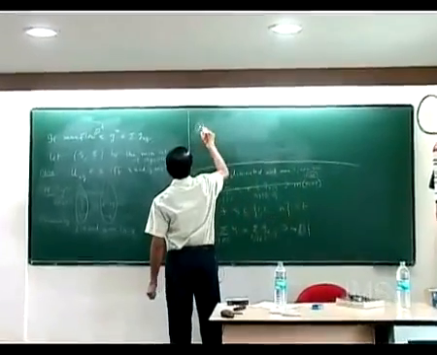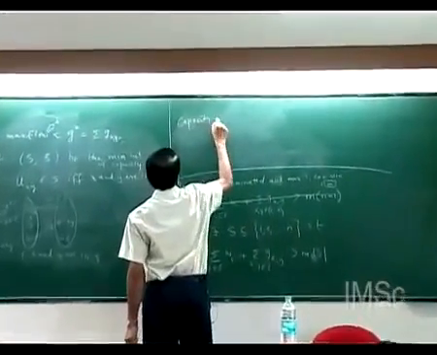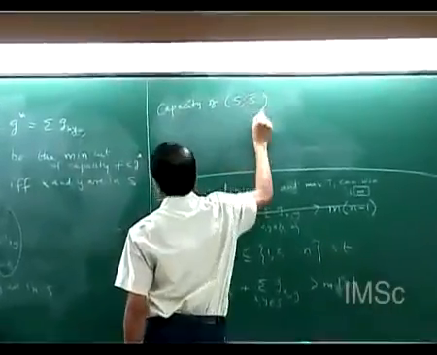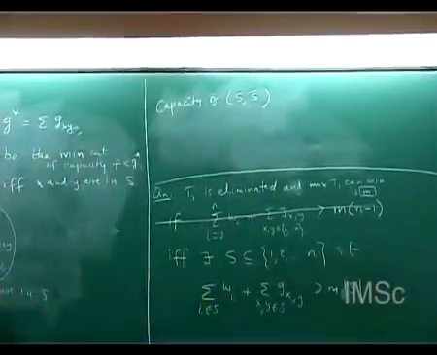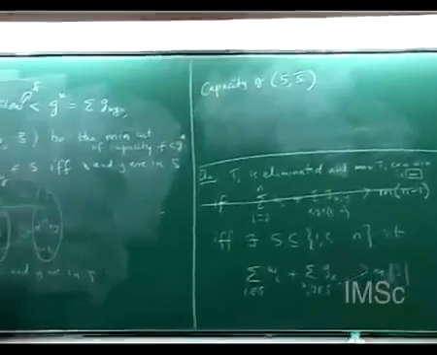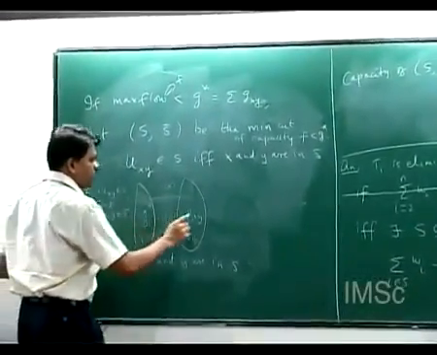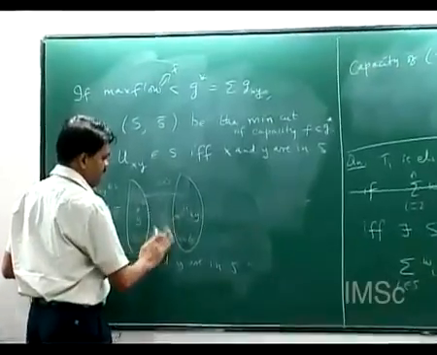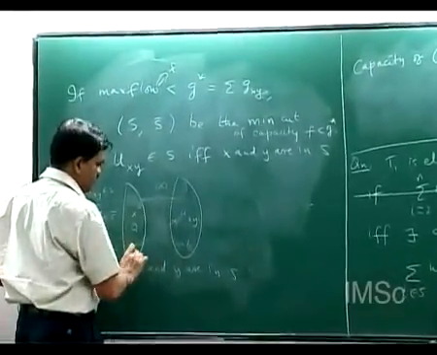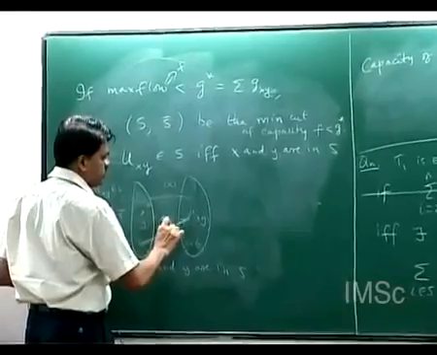So, capacity of S bar. Now how is S bar? So, there are some uxy's. If you have a uxy here, then there is a contribution of gxy.